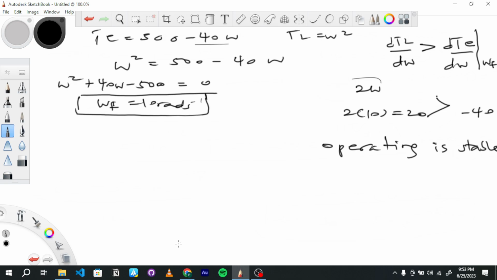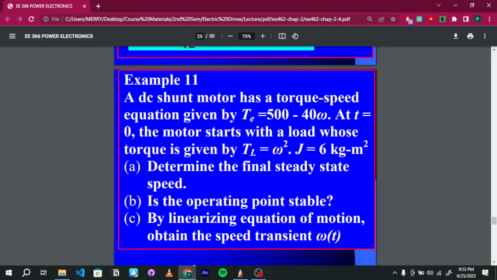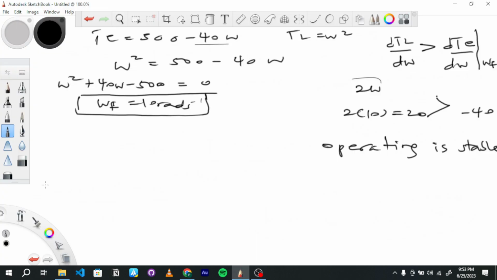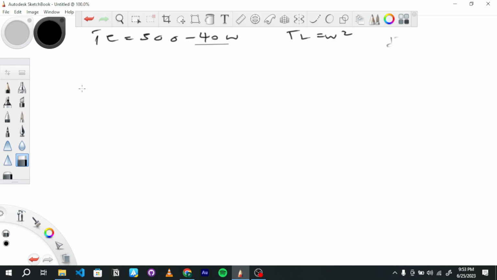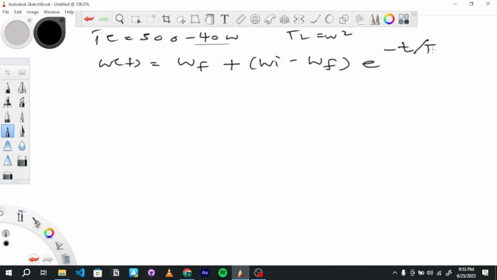Now C says that by linearizing the equation of motion, obtain the speed transient. What is the speed transient equation? First thing, you write it down: omega at t is equal to omega f plus omega i minus omega f, times e to the minus t over Tm. What is Tm? Tm is J over K. What is K?